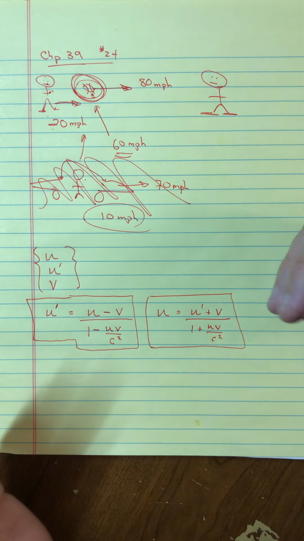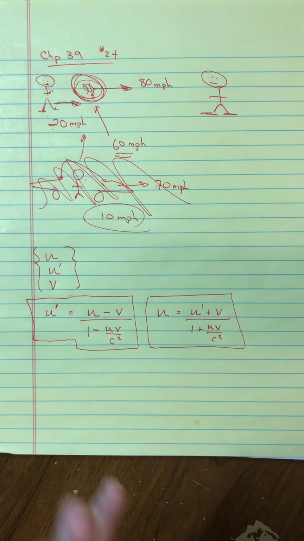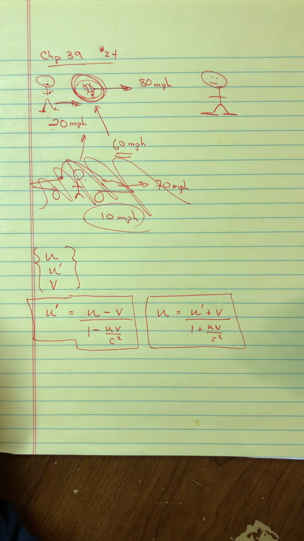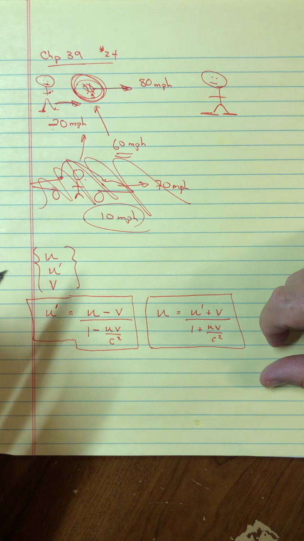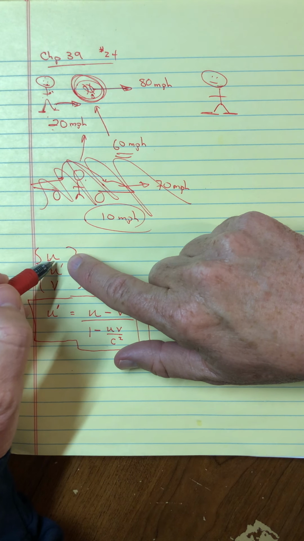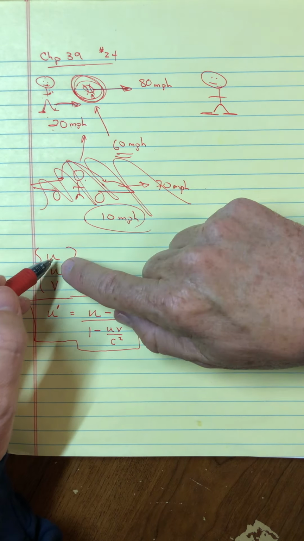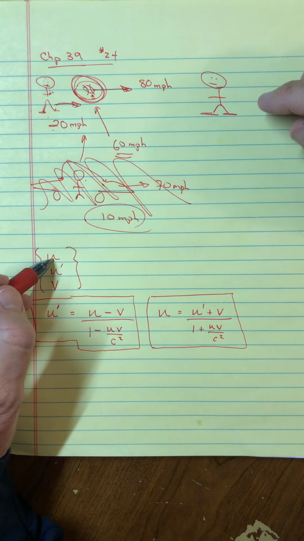But there's two real important things that I want to point out before I actually dive into this problem, and that is, what do each of these symbols mean? And so I'll say it again. The u is the velocity as seen by one person, let's just say the batter. And so in this case, the u would be the 80.